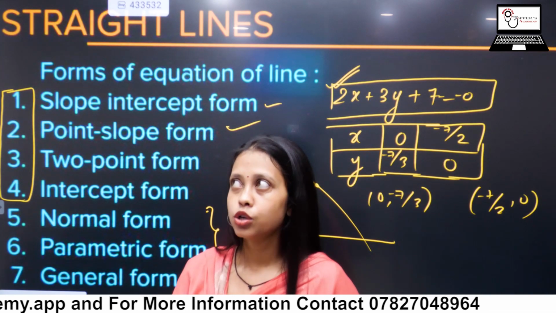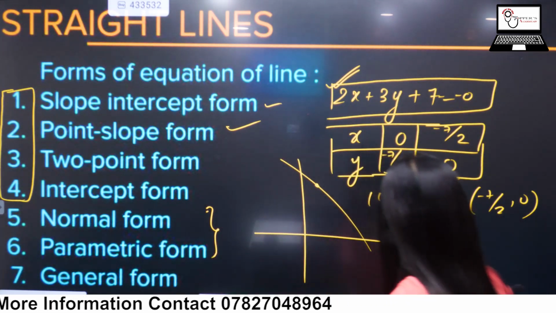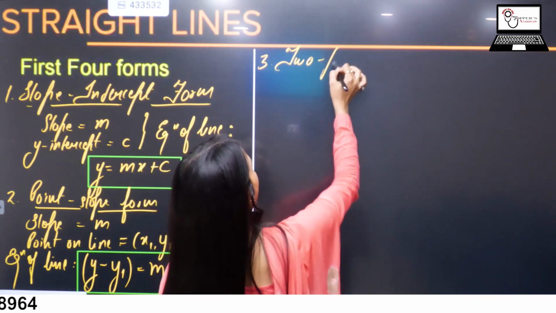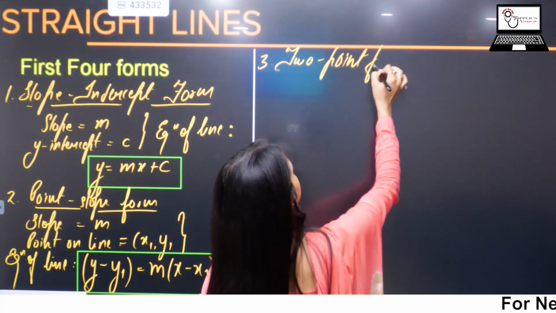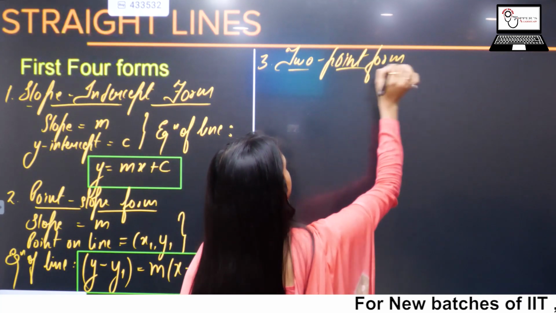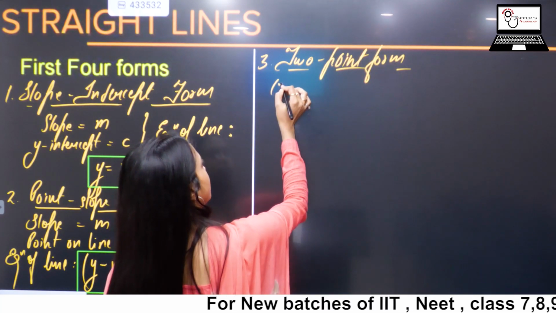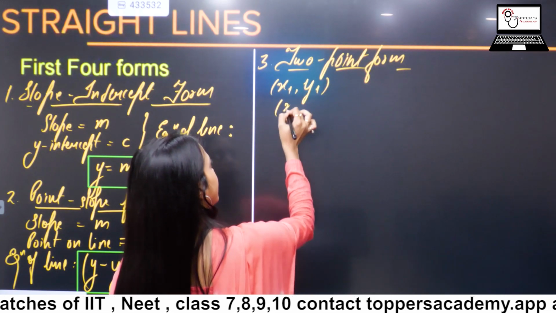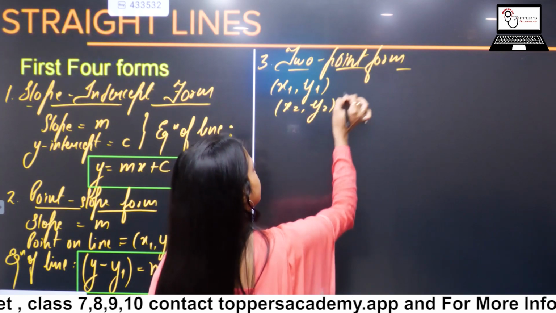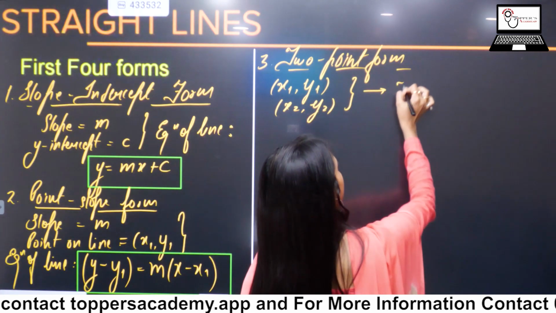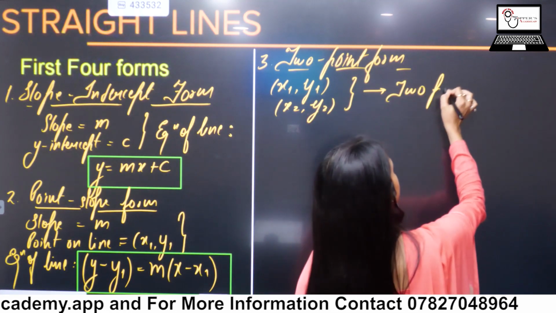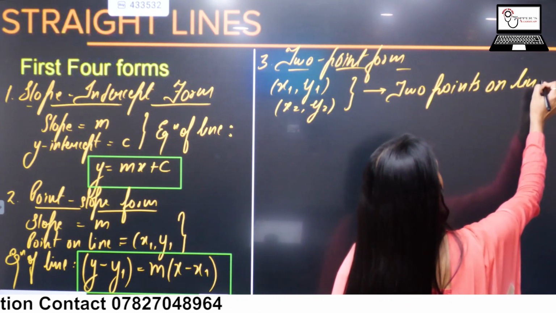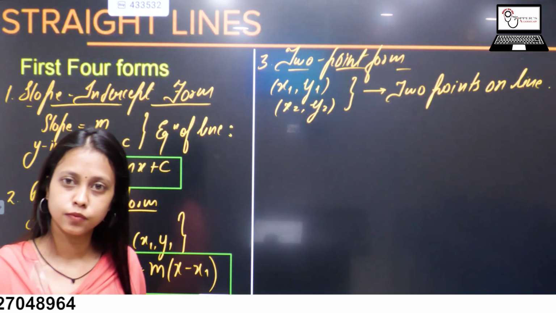So in two-point form, x1 y1 and x2 y2, these two points on the line are given.